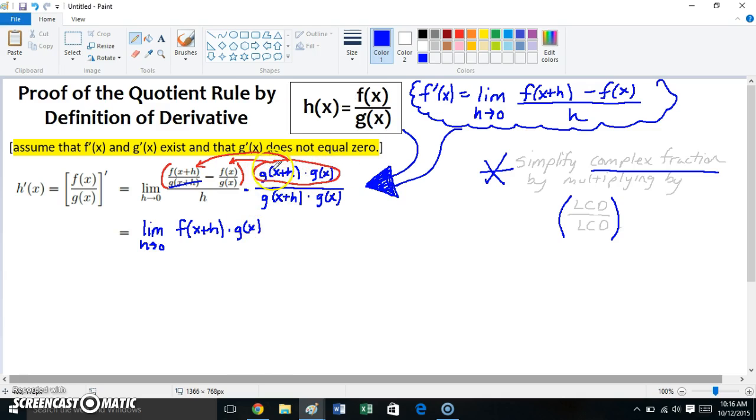When I multiply that LCD by the second term, the g of x is going to drop out, and we'll be left with f of x times g of x plus h. The denominator will be the product of three factors, h, g of x plus h, and g of x.